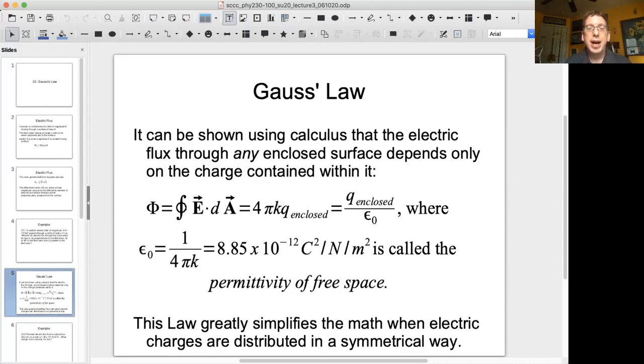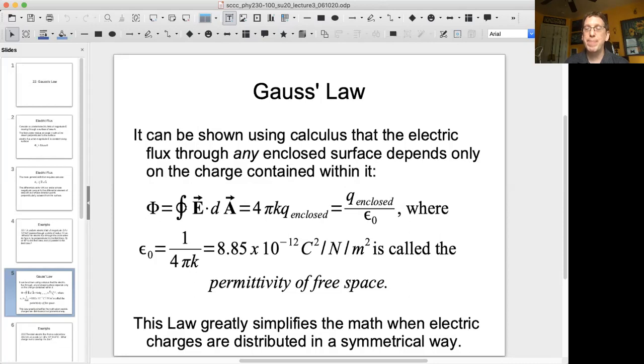But the electric flux through a completely enclosed surface is equal to 4 pi times k, the Coulomb constant, times the charge, sign included, of whatever is inside it. So what happens is the electric flux only depends on the charge that's inside it. It does not depend on any charges outside the surface.